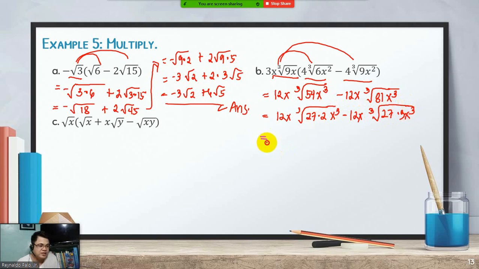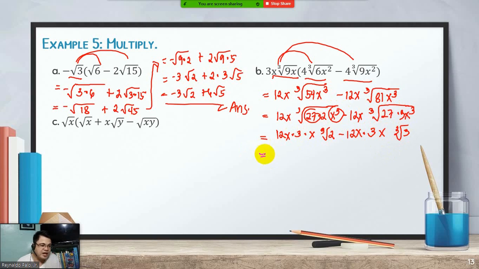Then we can already simplify the radicals. 12x, then we will be moving out cube root of 27, we will be getting 3. Then cube root of x cubed is x, cube root of 2, minus 12x times cube root of 27 is 3. Then cube root of x cubed is x, cube root of 3.